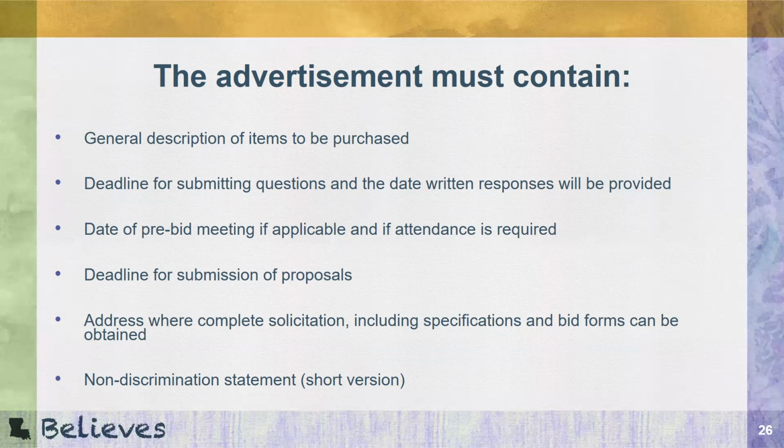Make sure you include the non-discrimination statement. Now, these are all the requirements by USDA. I've actually cut down a number of advertisements for a number of different SFAs because the cost of advertising is so high. You may want to make sure that you limit your advertisement to the minimum requirements.